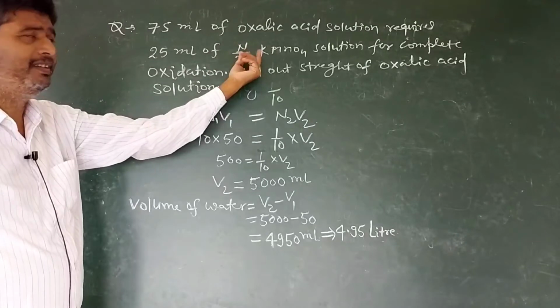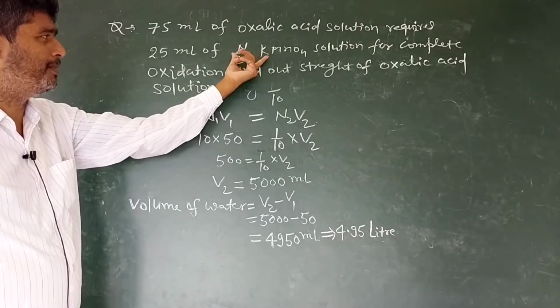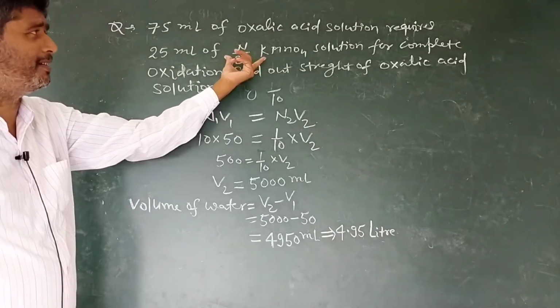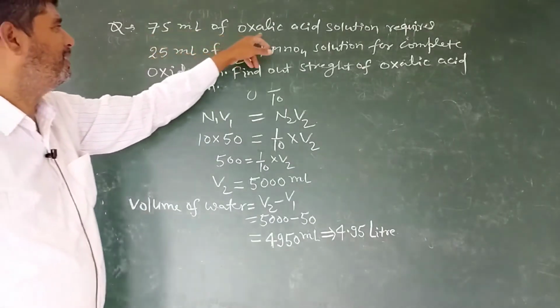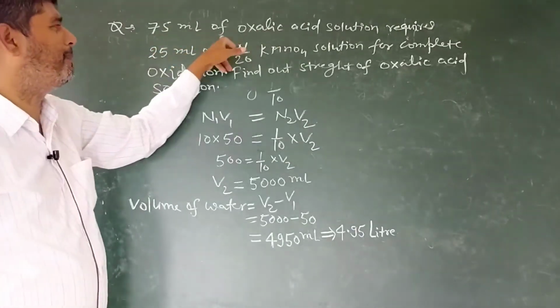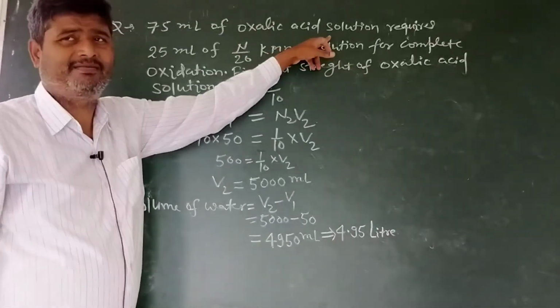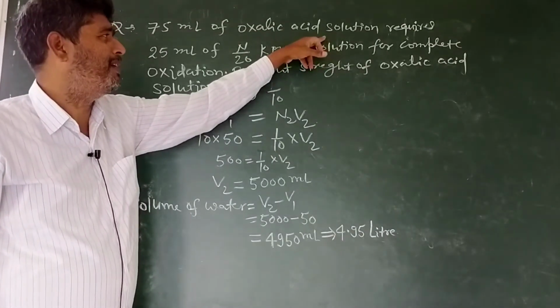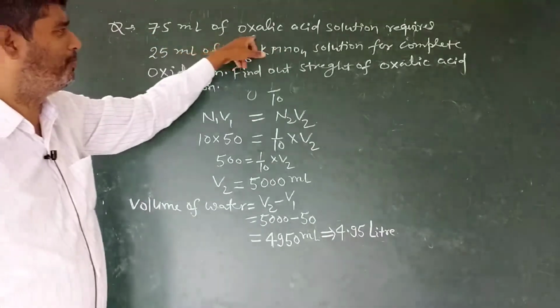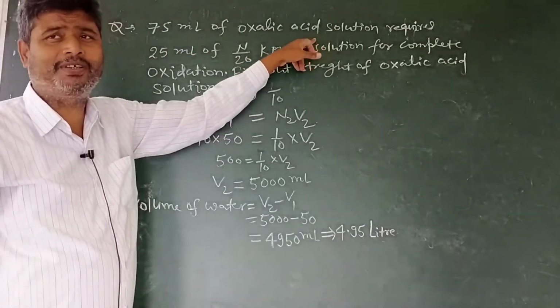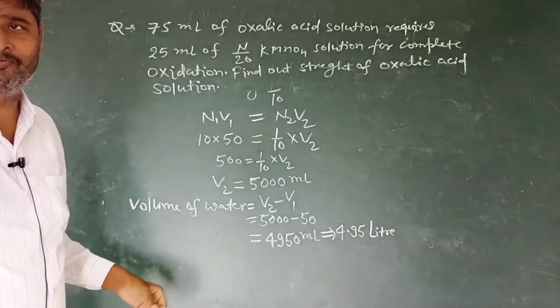Hence the solution of potassium permanganate is known as the standard solution. On the other hand, here only the volume of azelaic acid is given. The normality of the organic acid is not given. Hence, the solution of organic acid is known as the unknown solution.